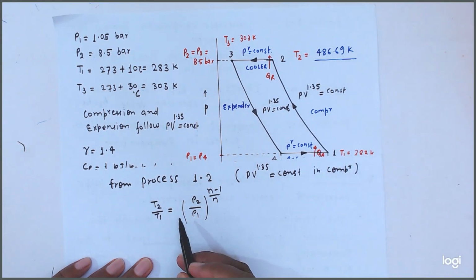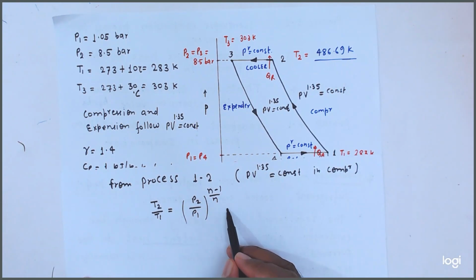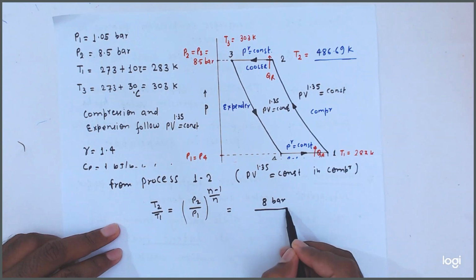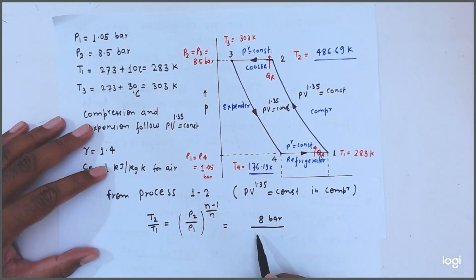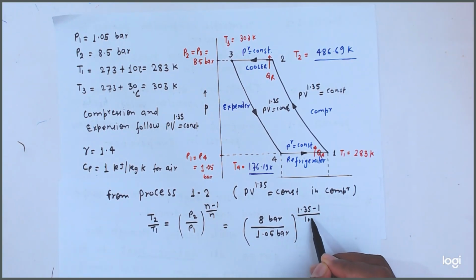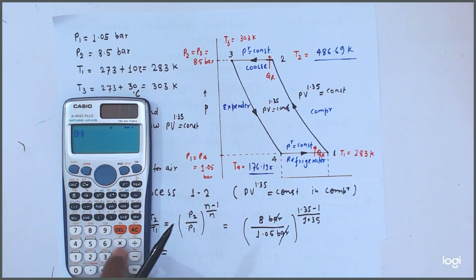And we know the value of P2 as 8 bar and P1 as 1.05 bar, to the power of n minus 1 upon n, which is 1.35 minus 1 upon 1.35. Okay. So bar to bar cancel out. So how much pressure ratio is there? 8 divided by 1.05.